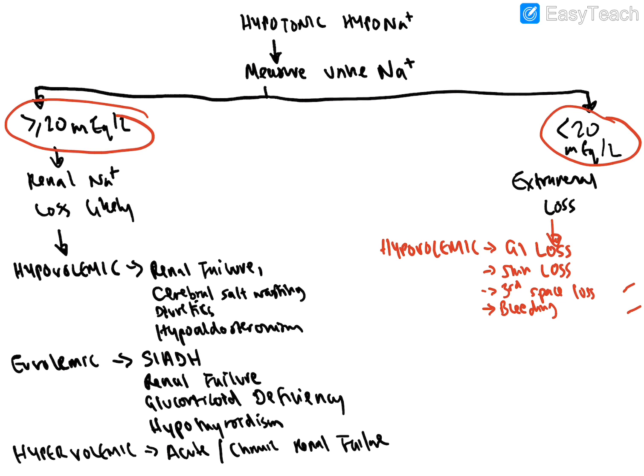Causes of euvolemic hypotonic hyponatremia with low urine sodium. You would have to first look for the urine osmolality as well.